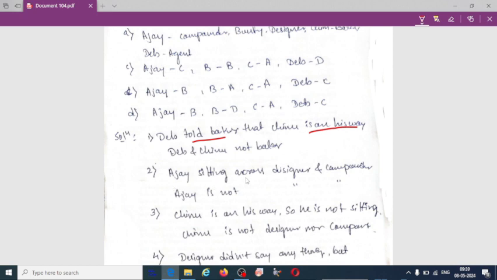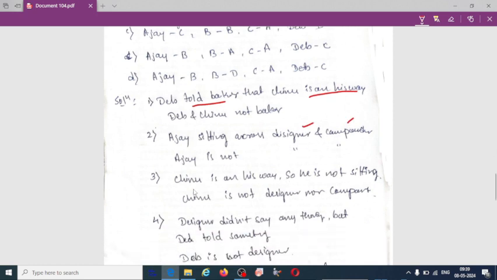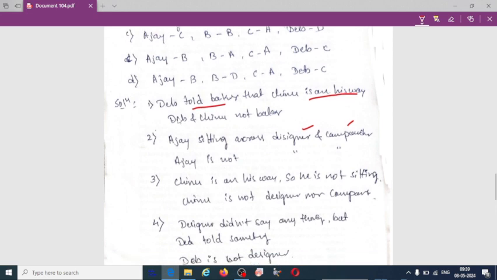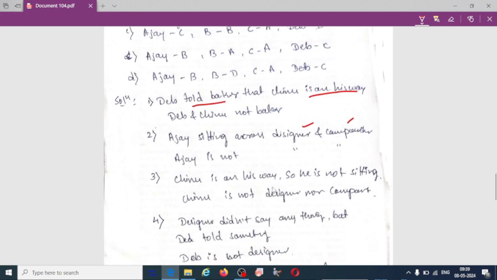So Ajay is sitting across the designer and compounder, then Ajay should not be a designer or compounder. So whichever option has Ajay as compounder, you should remove that clearly. Chinno is on his way, so he is not sitting. Chinno is not designer, not compounder. Both are sitting, so Chinno is walking.